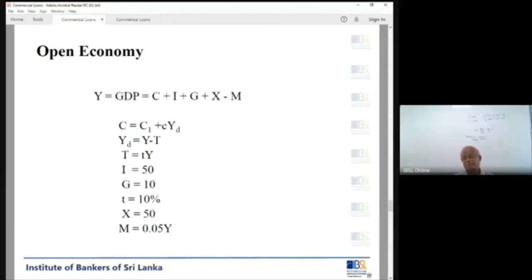MPM. MPC is 0.8. Remember the earlier example: when income increases by 1 rupee, consumption will increase by 80 cents. Now let's discuss MPC 0.8, MPM 0.05.